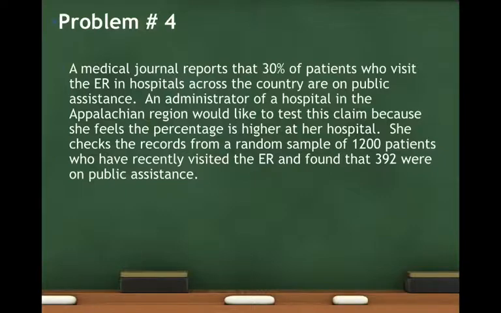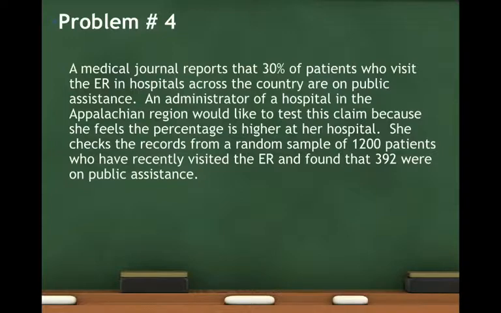Let's say someone from a different hospital would like to test this claim because she feels that the percentage is actually higher at her hospital. So she checks the records from a random sample of 1,200 patients who have visited the ER recently and found that 392 were on public assistance.